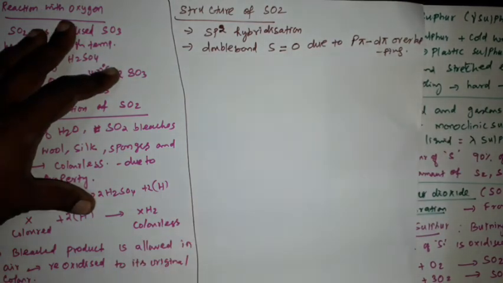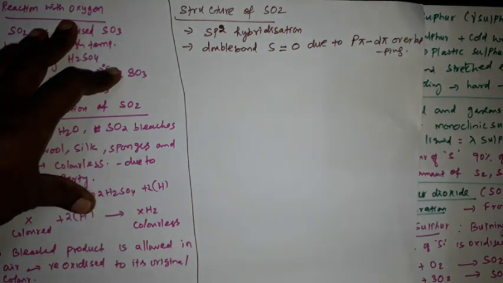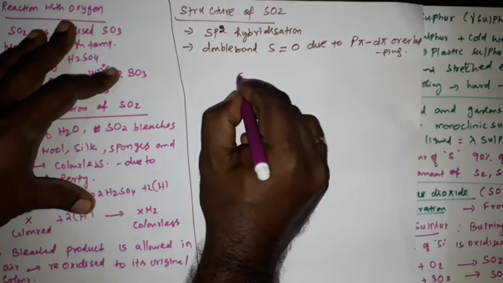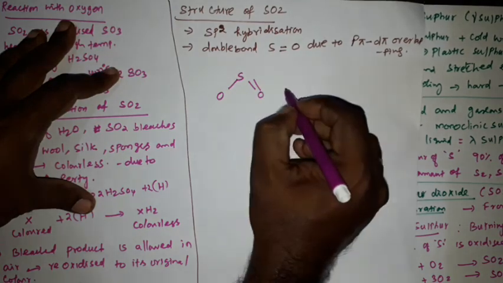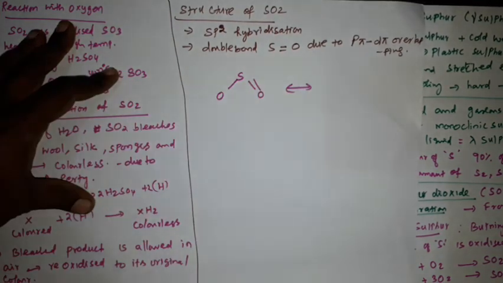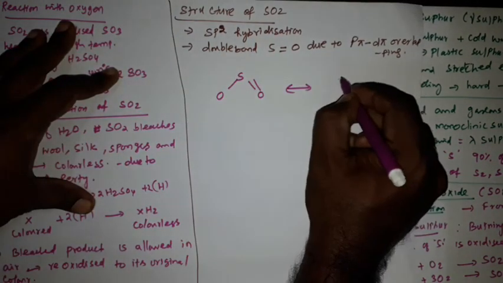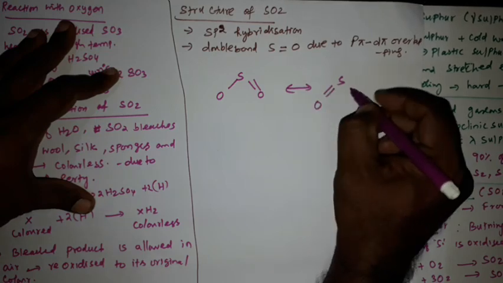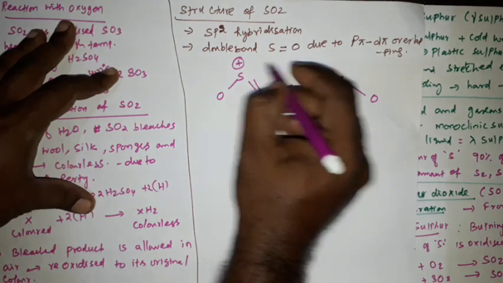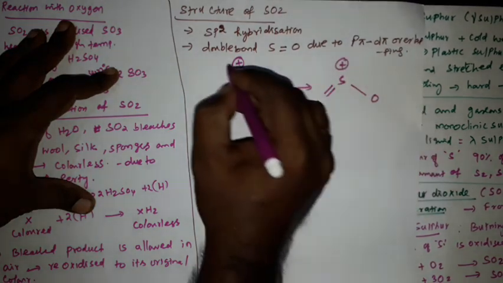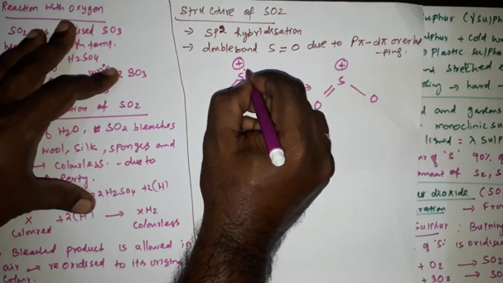Okay. So I am going to draw the structure of sulfur dioxide. Sulfur is a bent shape. Oxygen, double bond. Then here is the resonance structure. Here double bond, here oxygen. Then here positive charge. Here also positive charge and localized electron here.